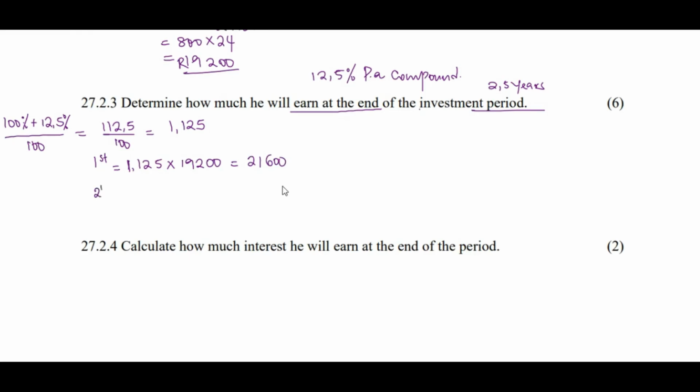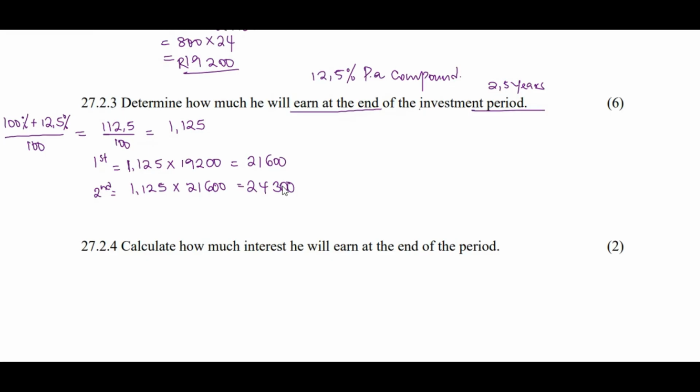Then what about the second year? Second year, the same percentage, but a different value. Remember, this is compound. So the money at the end of the first year is the one now earning the interest. So we shall multiply that, and he gets 24,300. So this is the second year.